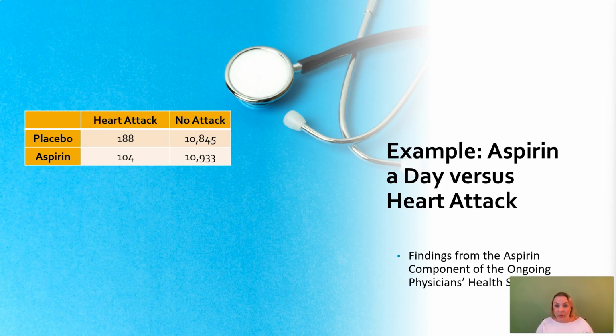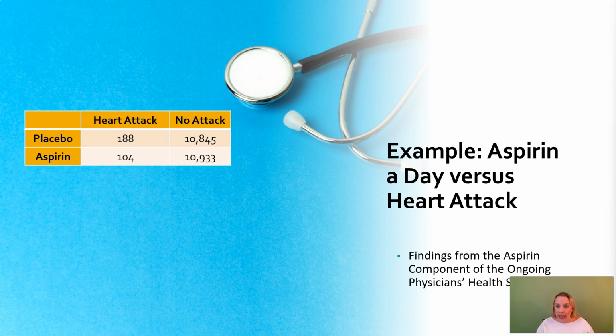People on the placebo who have not had a heart attack is 10,845. People on the aspirin regimen who have had a heart attack is 104, and people on the aspirin regimen who have not had a heart attack would be 10,933.